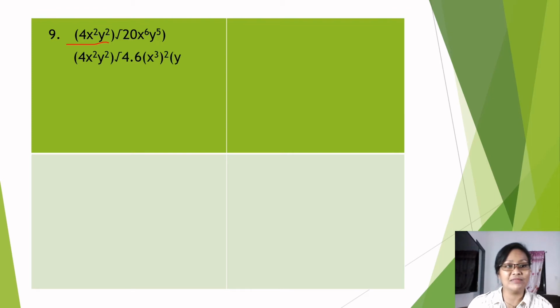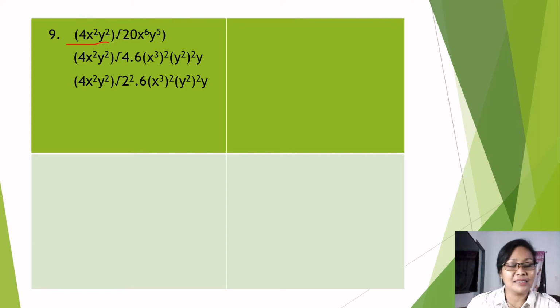So we have square root of 4 times 5, x cubed squared, y squared raised to the 2nd power, y. Then write those perfect roots in exponential form. So we have 4x squared y squared, square root of 2 squared times 5, x cubed squared, y squared raised to the 2nd power, y.